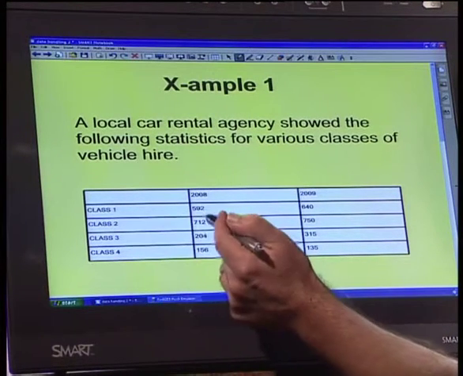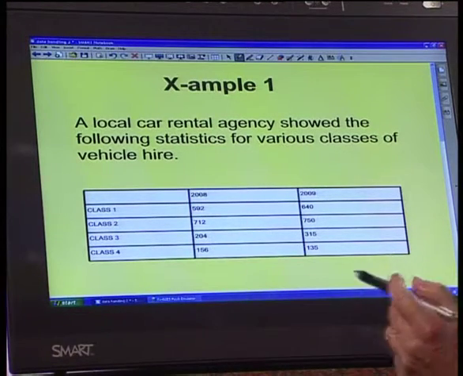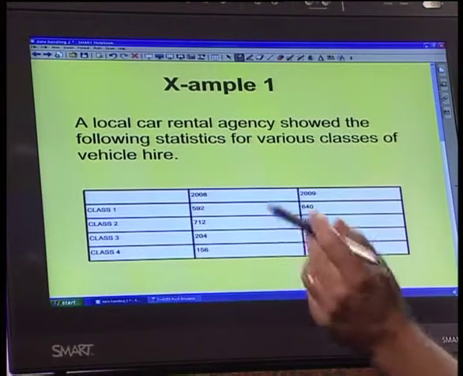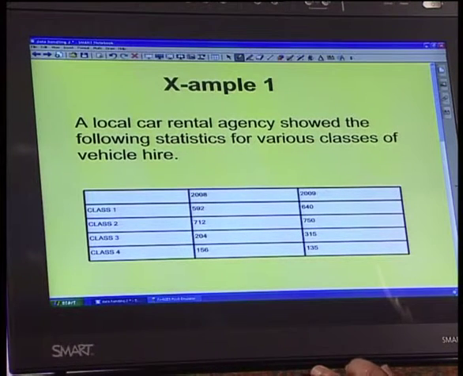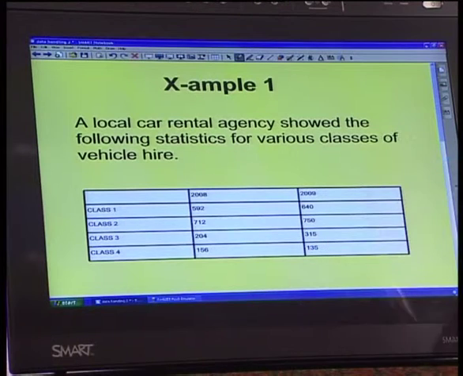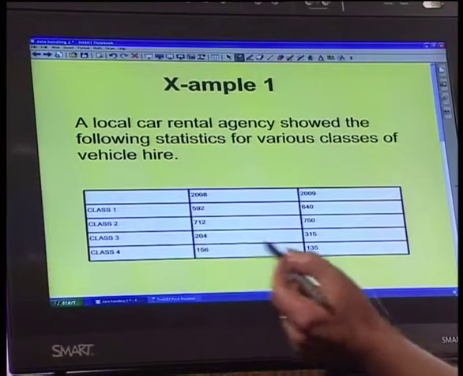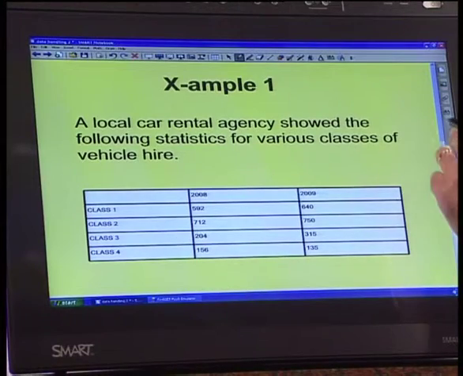Class 2 had 712 units. Class 3 had 204 units. Class 4 had 156 units. In the year 2009, those statistics read as follows. Class 1 was 640, Class 2 was 750, Class 3 was 315, and Class 4, 135.